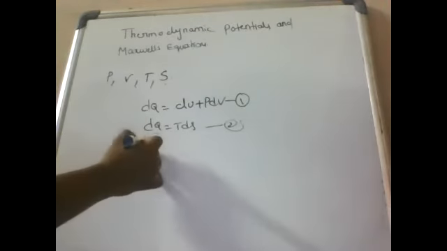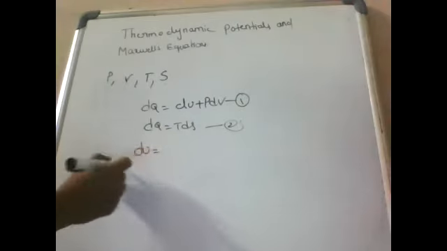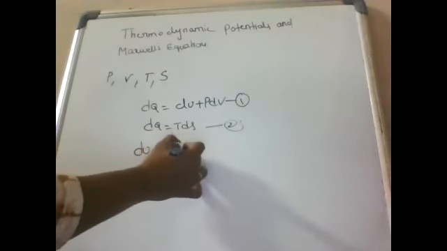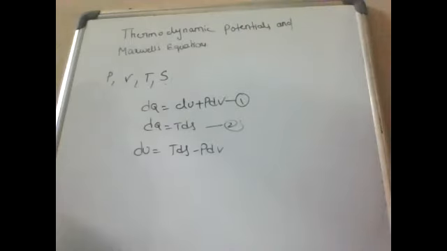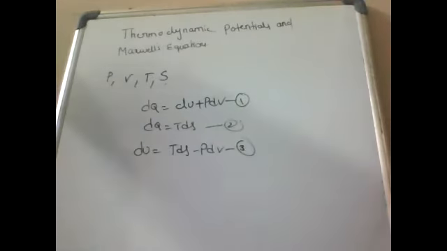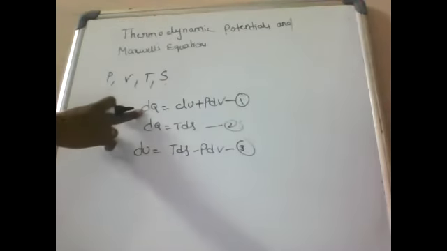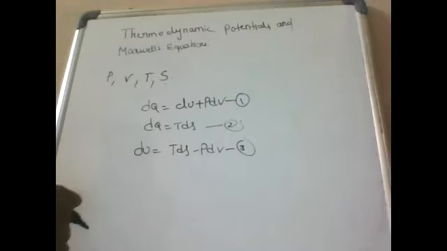Combining these two equations, we substitute TdS for dq and get du equal to TdS minus PdV. This is the third equation, the basic equation connecting the first and second laws of thermodynamics.